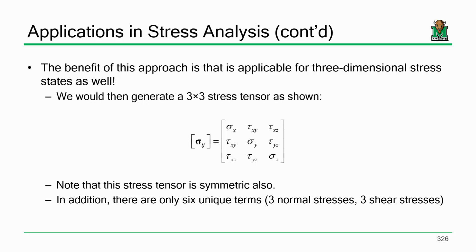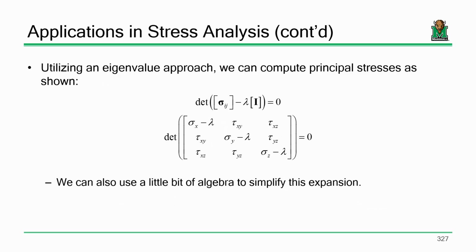A couple things to note. Remember, we have 6 total stresses in 3D: 3 normal stresses, 3 shear stresses. And if you look, that's what we've got here. Like if you see tau xy here, you see tau xy there as well. So there's only 6 independent terms that go in the matrix. And because of that, if you start going through it, you'll see it's symmetric. Make sense?